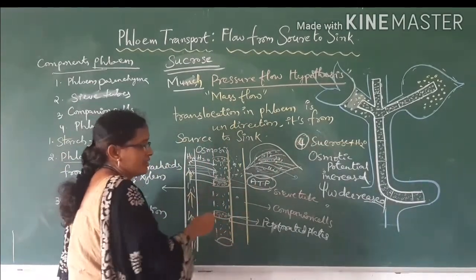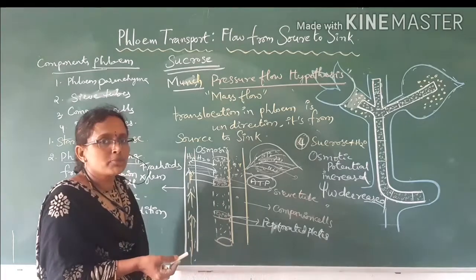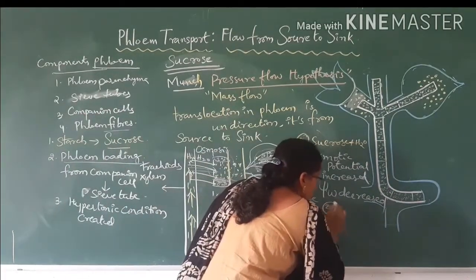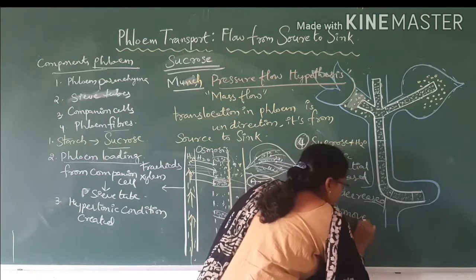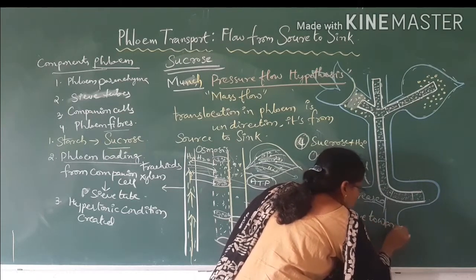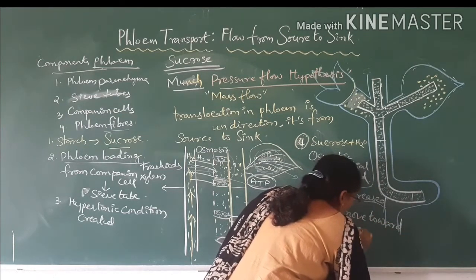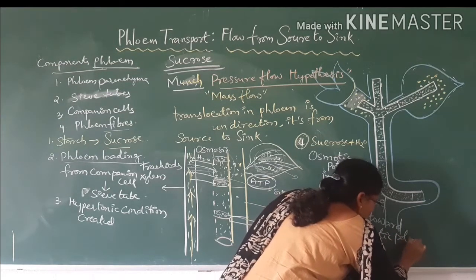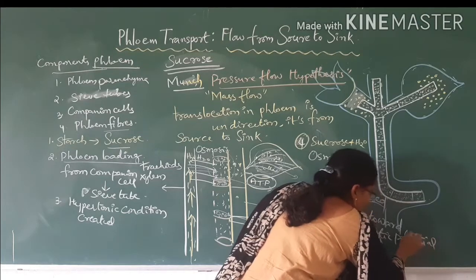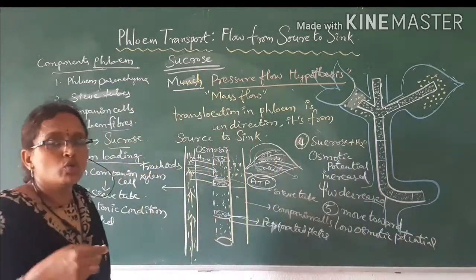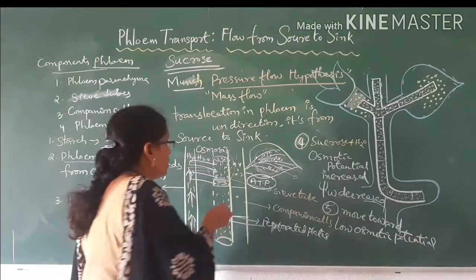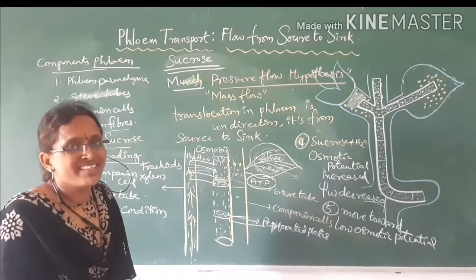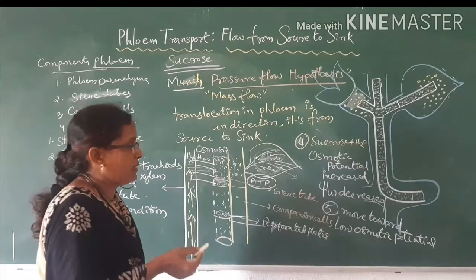Wherever they find the osmotic potential is low, they move towards that region. So the food materials are moved in the various directions of the plant body.